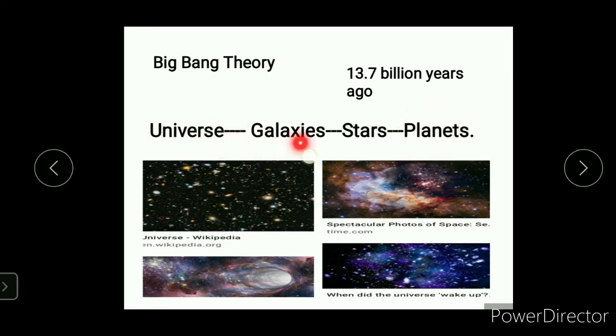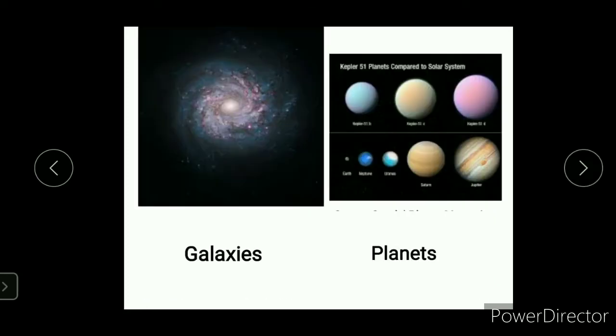This is the theory called the Big Bang theory. So what is the Big Bang theory? It is a theory that says some 13.7 billion years ago, the universe itself started. From the universe, galaxies have formed, from the galaxies, stars have formed, and from the stars, planets have formed. One of those planets is our Earth, right?